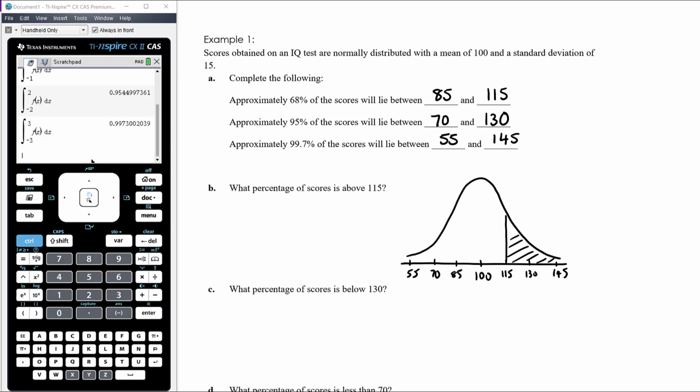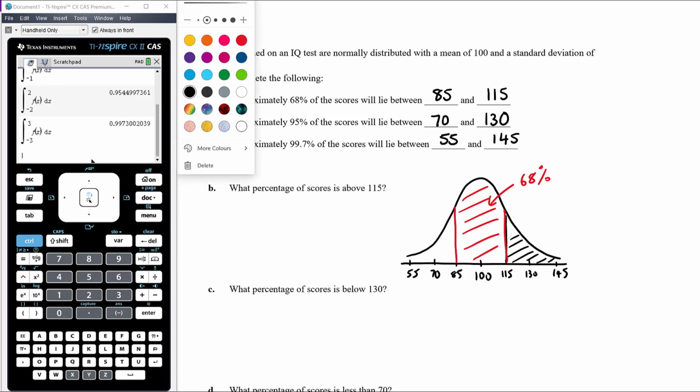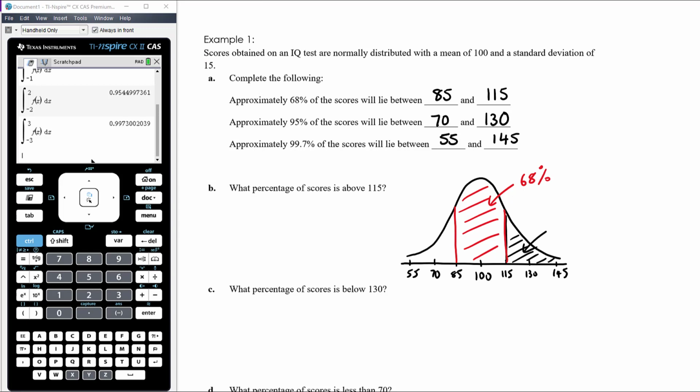Now, what we know is that within here to here is 68%, we also know that the total area is 100%. So therefore, we've got 32% outside of that red area, which means that if we're given that it's a symmetric curve, this should be half of 32%. So 16% up here, and the logic then would follow that it's 16% down here.